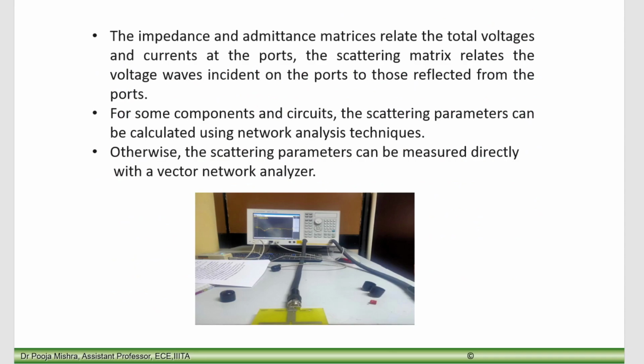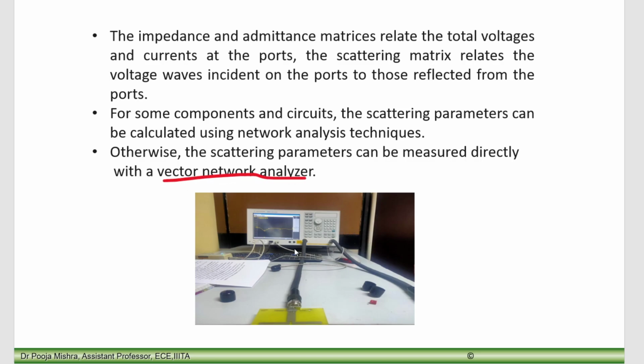Let's see what this scattering matrix is. The scattering matrix is measured by some network analysis technique, and if you are given any microwave device and you need to know the scattering parameters immediately, then you use a device called a vector network analyzer.